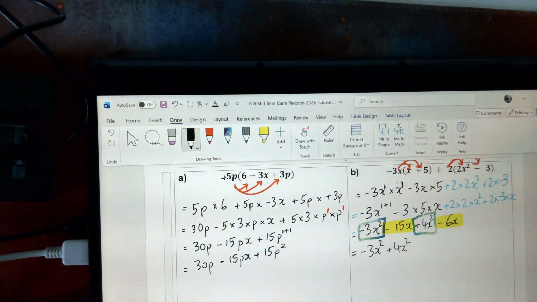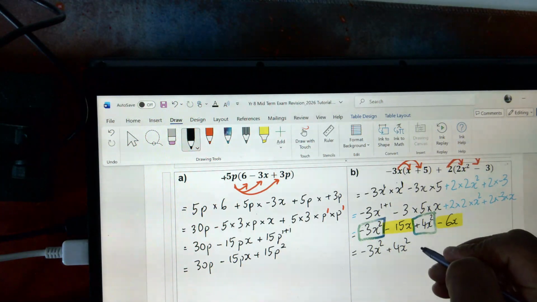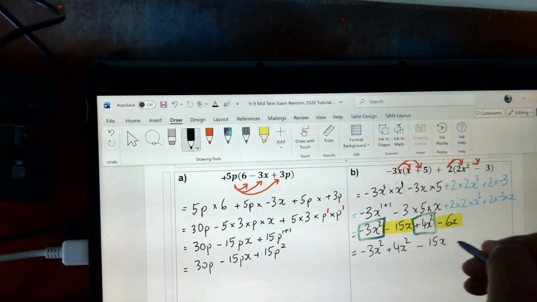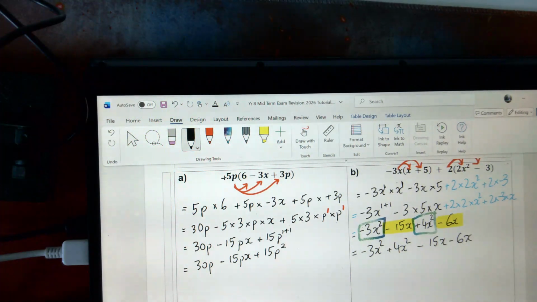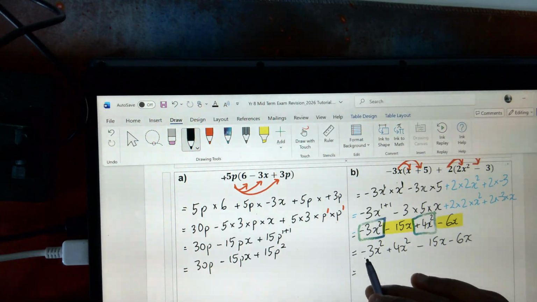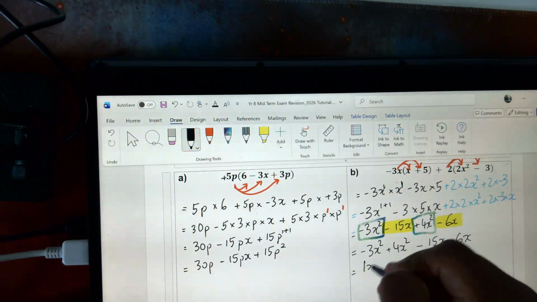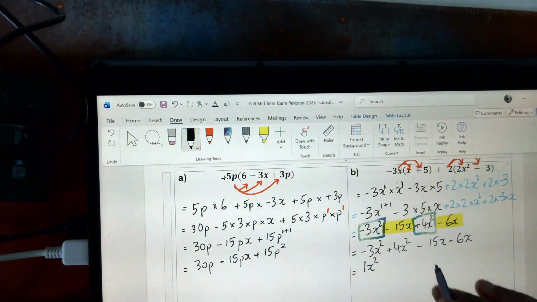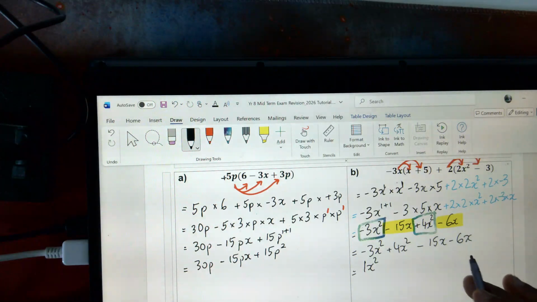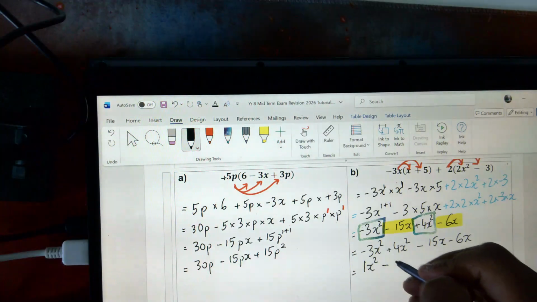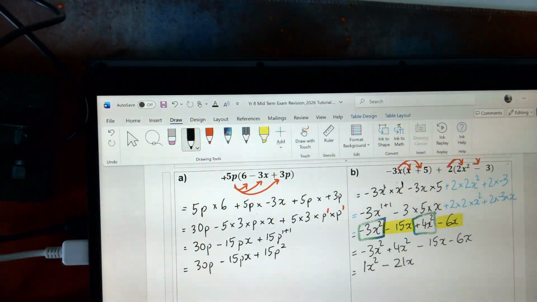So I'll have negative 3x squared plus 4x squared, and then negative 15x take 6x. Negative 3 plus 4 is 1x squared. Negative 15 take away 6, that's going further back into our negatives. So that's negative 21x.